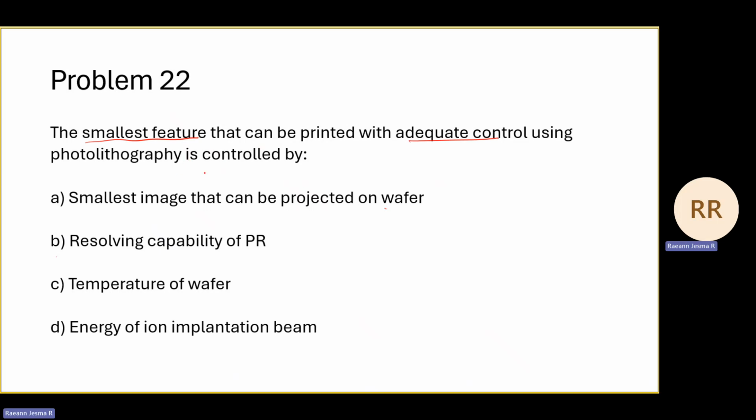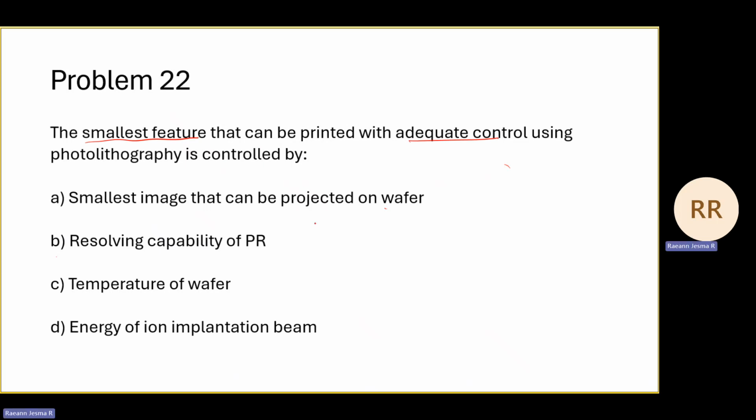So here in this question, what we have to find out is what parameters we can change in order to have a very small feature. What do you think is the correct answer?